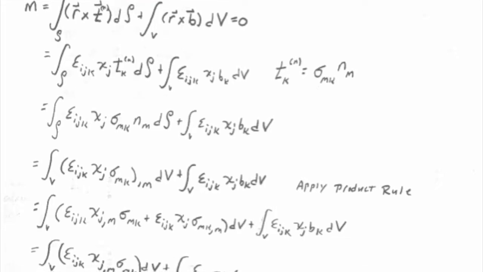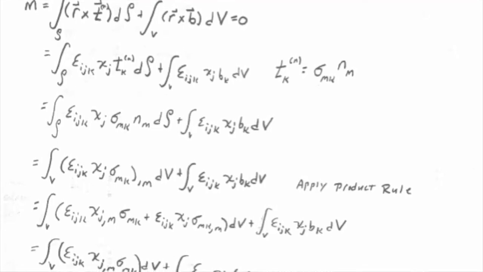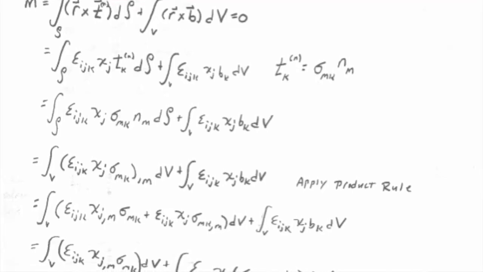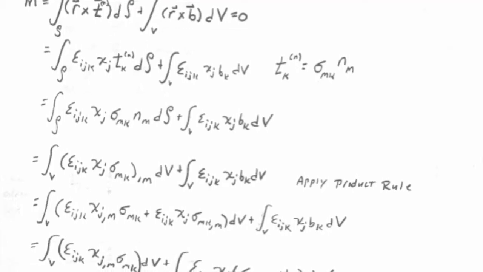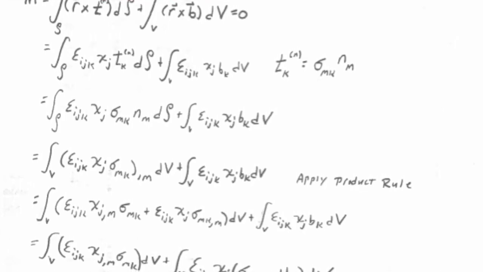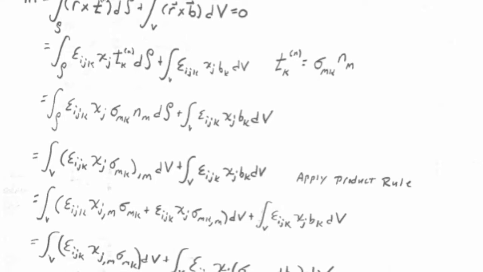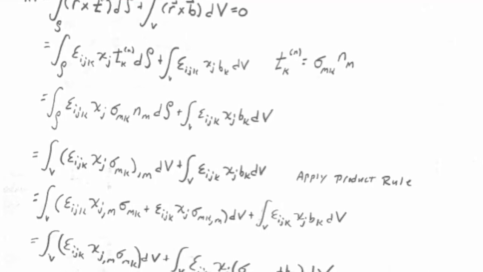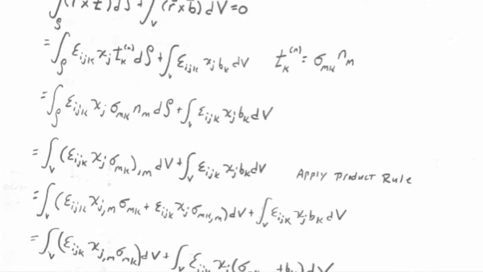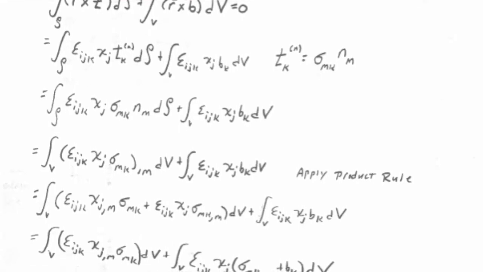We want volume integrals, so we're going to apply our divergence theorem again. What's the subscript on the sigma? Oh, sigma mk n m. Wait, the n is big though. This is n, yes, so this is the normal vector m.